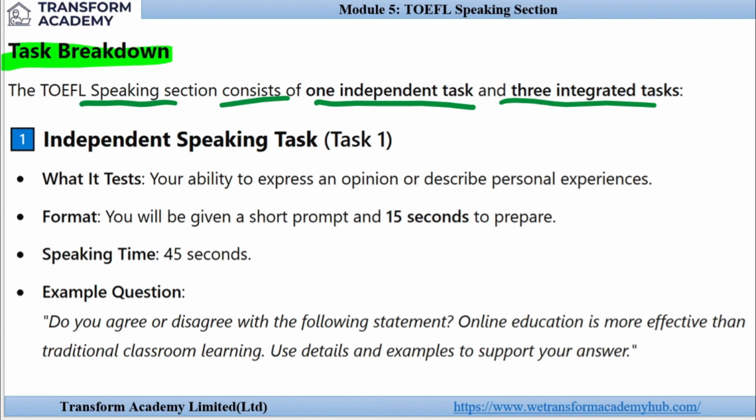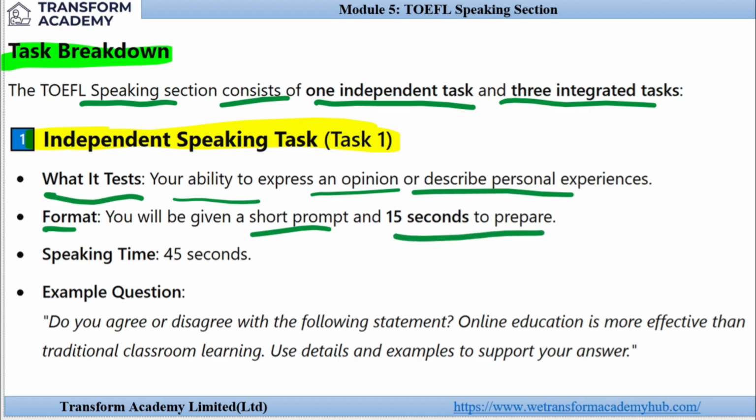Now, independent task one. What does it test? It tests your ability to express an opinion or describe personal experiences. The format is you'll be given a short prompt and 15 seconds to prepare, and the speaking time is 45 seconds.